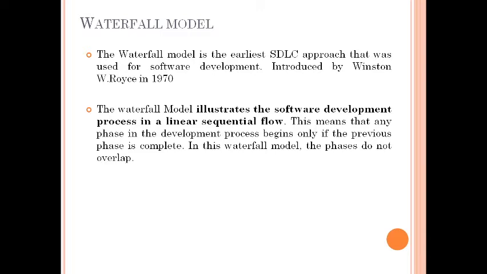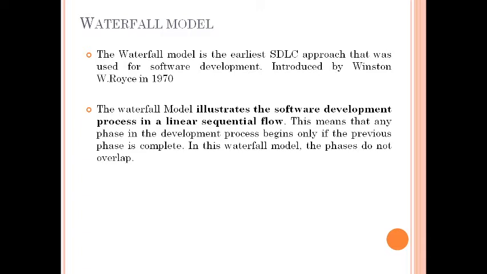You need to complete the first phase, then only you can shift to the next phase. If you are in the middle of the third or fourth phase, you can't shift back to the first phase. One phase has to be completed completely before moving on. That's what we call the linear sequential flow.